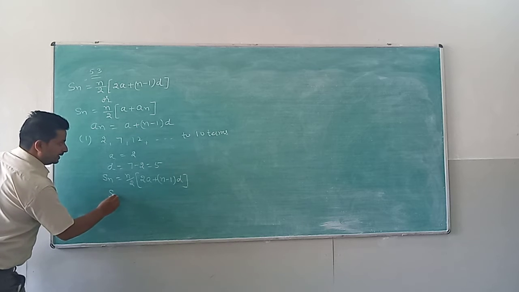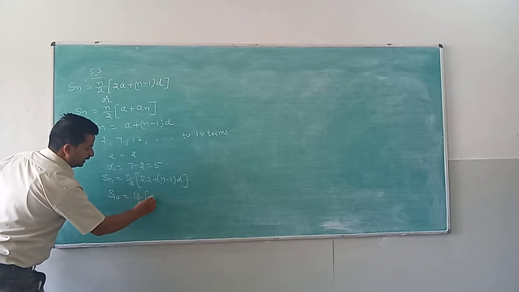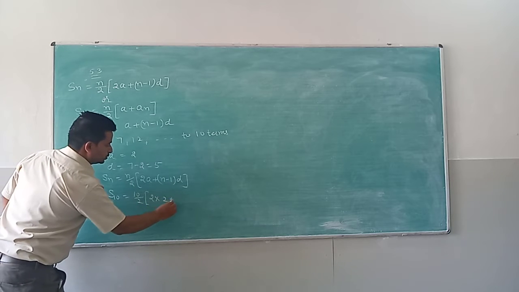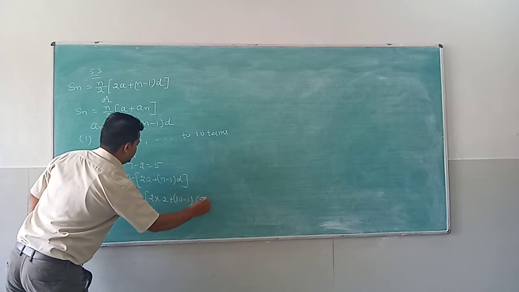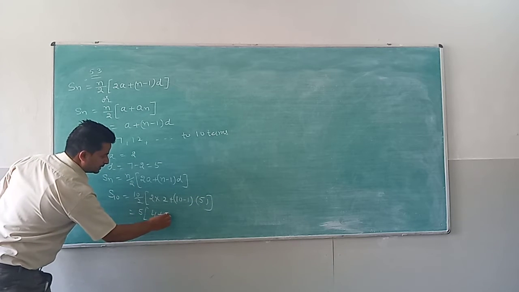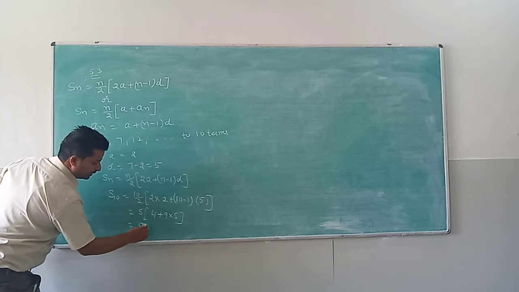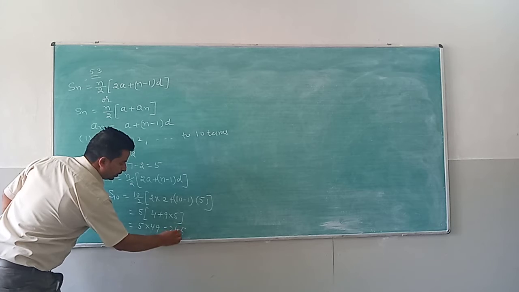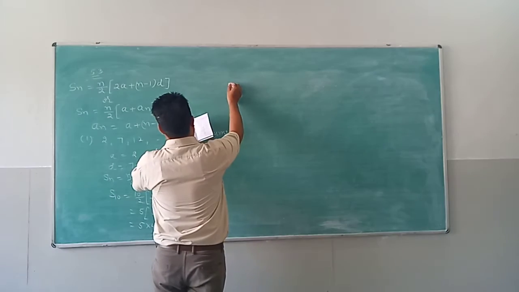Here the value of n is 10, so it's 10 upon 2, a is 2, d is 5. So this is 5 into 4 plus 9 into 5, which is 45, so 49. So 245 is the sum of the 10 terms.